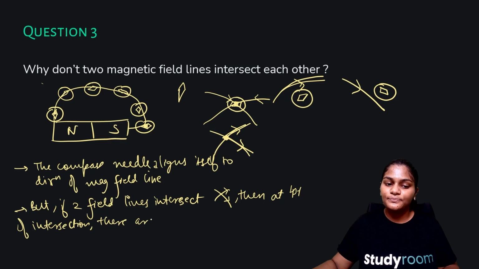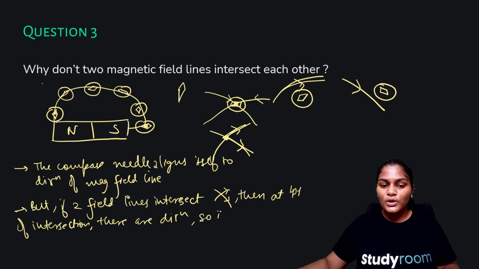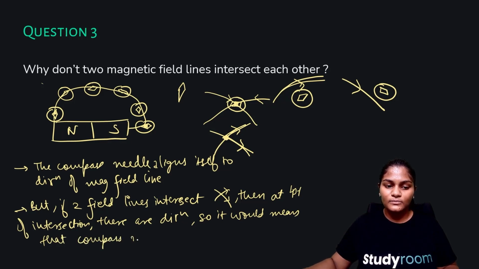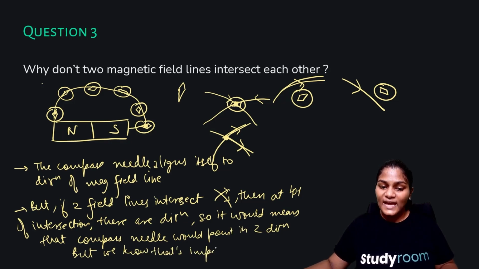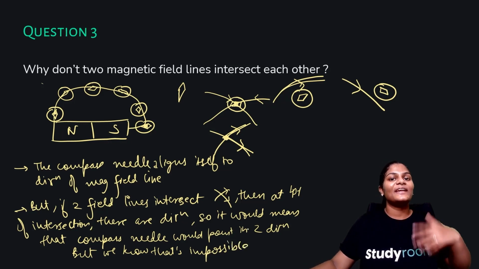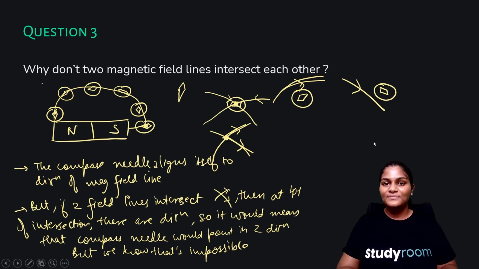There are two directions, right? Obviously two directions that the fields are going in, two different field lines. So it would mean that the compass needle would point in two directions, right? But we know that's impossible. Therefore, we know that no two field lines can ever intersect each other because the compass needle can't point in two directions at the same time. Okay.